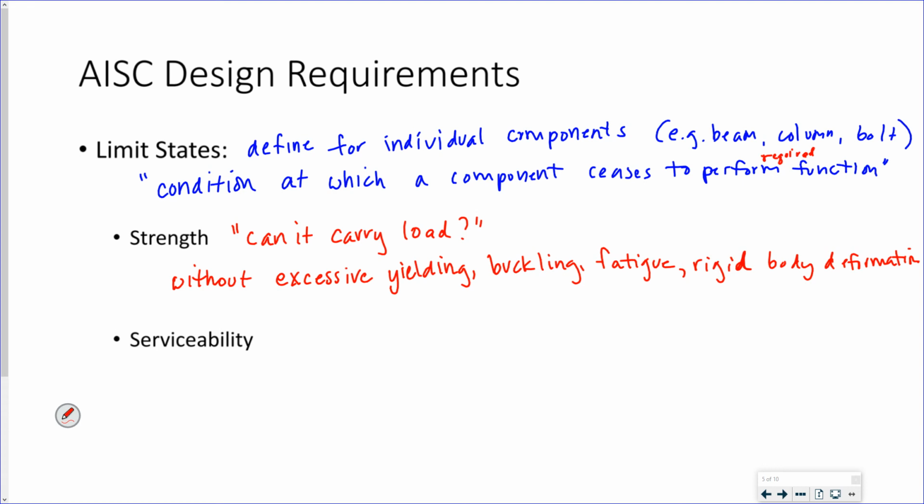Or you're going to have too much deformation and your wall will be too far away from the column that's holding it up, or the beam. So we don't want excessive deformations. We don't want something to buckle. Maybe you haven't fallen down officially, but you've buckled. So that's the strength.